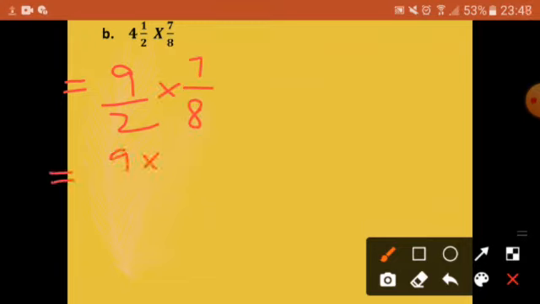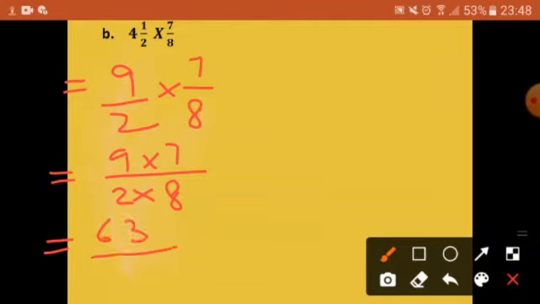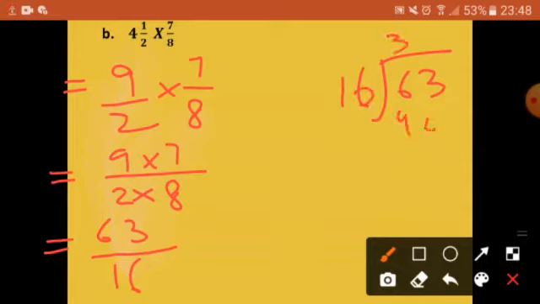Second step, multiply the numerators with each other and multiply denominators with each other. 9 times 7 is 63 and 8 times 2 is 16. So now it is an improper fraction again, and your answer must be in the lowest term. So divide it first. 16 times 3 is 48, and then find the remainder, subtract these two numbers.